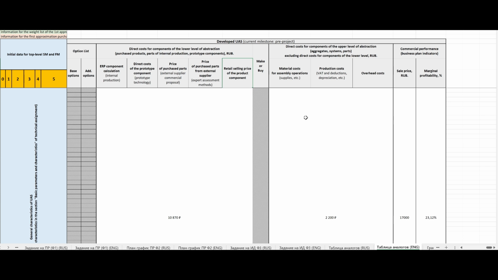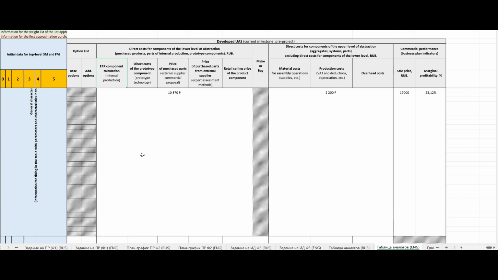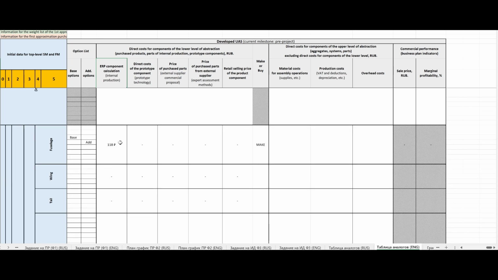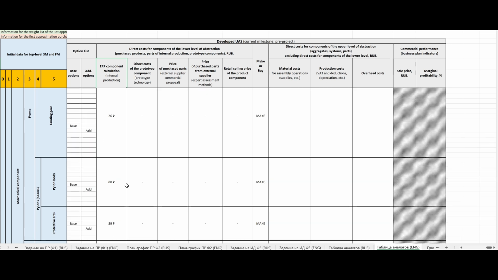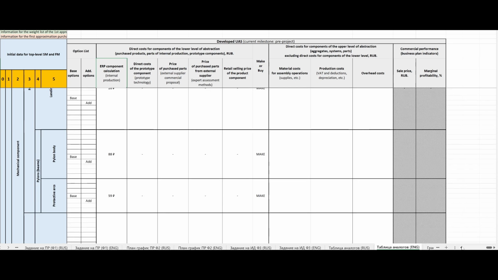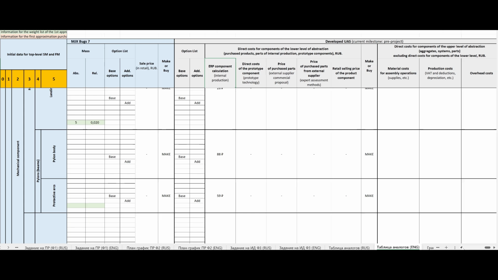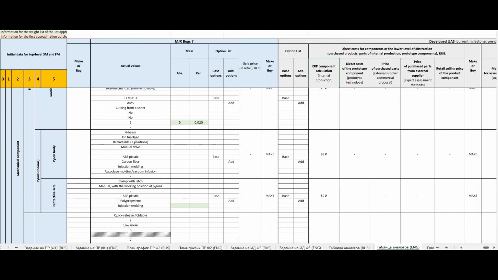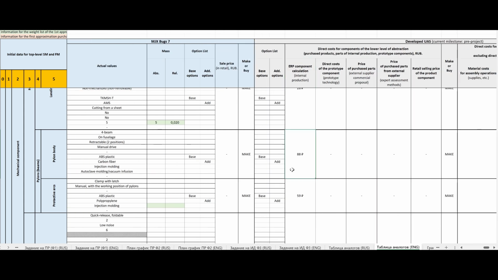There are 5 columns for the following reason. They provide typical options for estimating the cost of product components for the stage of project documentation. If you perform the calculation according to the data from the column calculation for a component from the ERP, internal production, it means that the component is produced by internal production of our company, and the cost calculation is entered into the ERP system and therefore can be unloaded and used by a cost engineer.